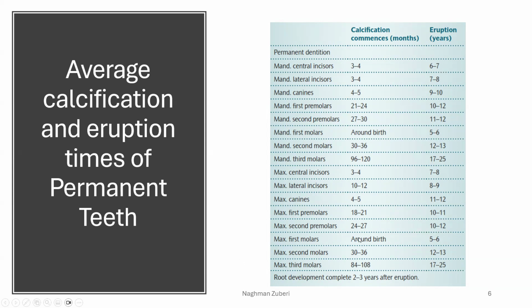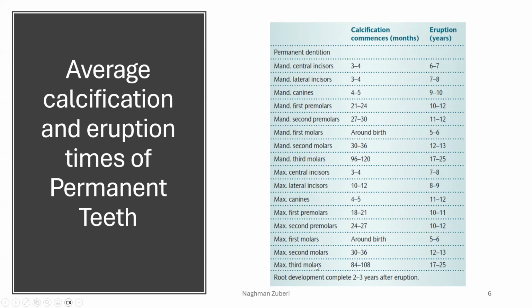Maxillary first molars around birth, and eruption is almost 5 to 6 years. Maxillary second molars 30 to 36 months for the calcification commencement, and they erupt at 12 to 13 years of age.